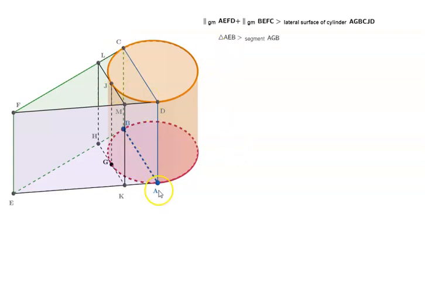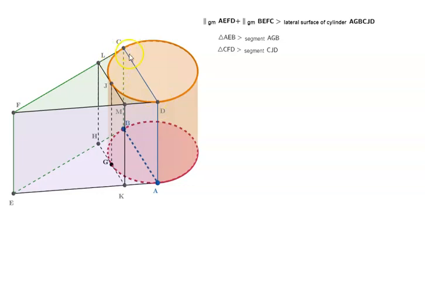Triangle AEB is greater than the segment AGB. Why? Because they both have the same extremity, that is line AB, and the segment is included in this triangle. Similarly, triangle CFD is greater than the segment CJD.